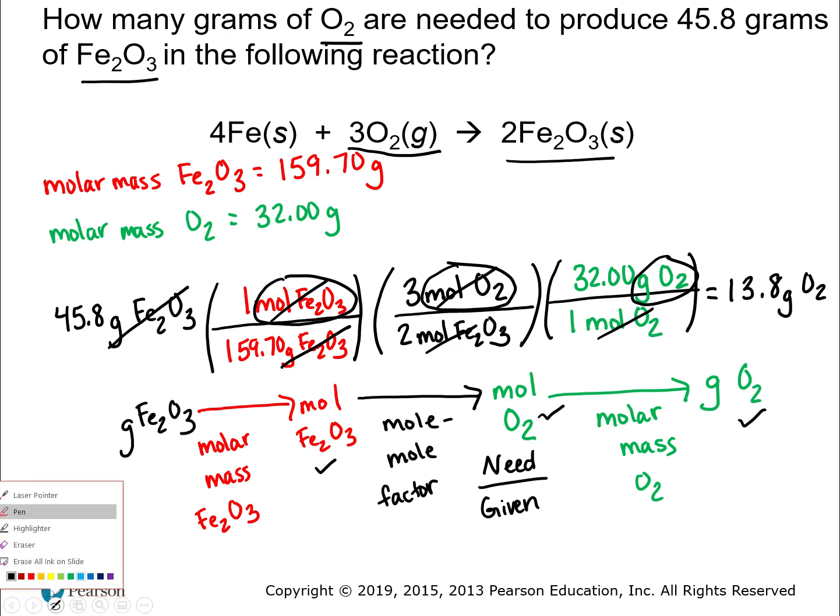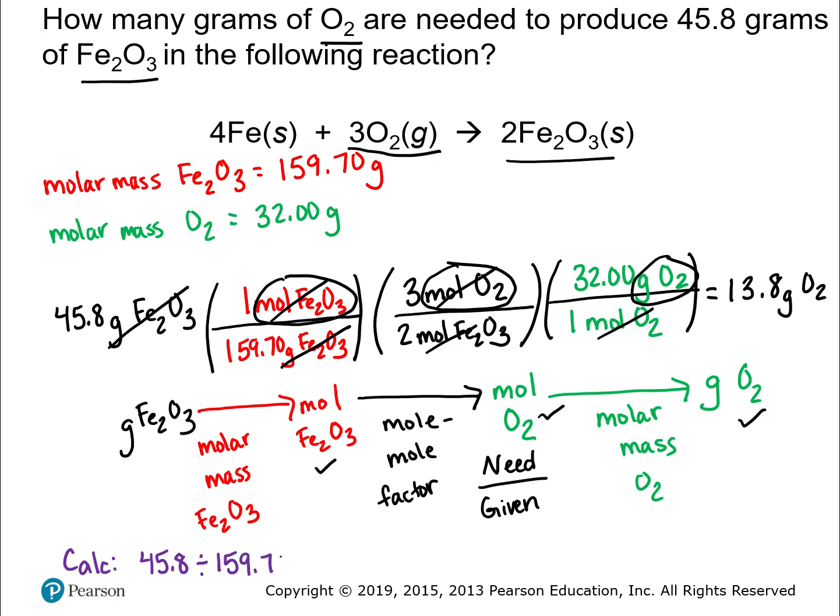And just so that you know how to get there if you didn't get there, for your calculator, you're starting with 45.8. Dividing by 159.70, multiplying by 3, dividing by 2. So when there's a number in both the numerator and the denominator, you can't ignore it.